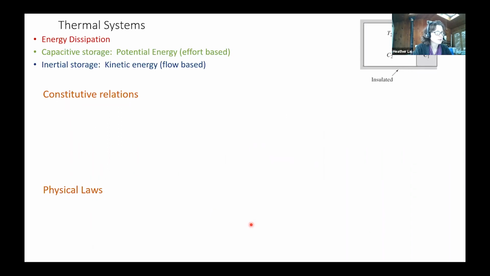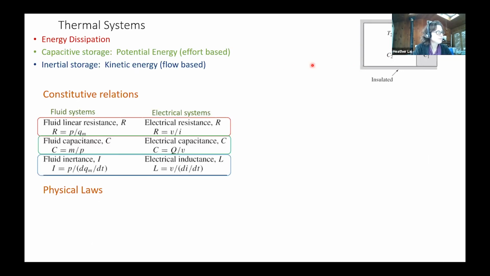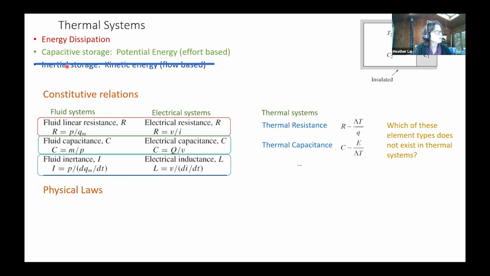transformed. And so then finally, we've got our thermal systems as well. And so there I remind them of the fluid and the electrical systems. And then I also remind them that there is no inertial storage or kinetic energy.